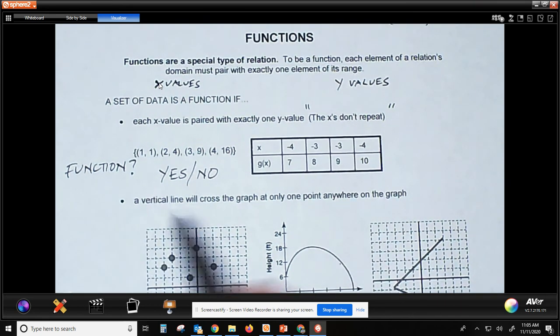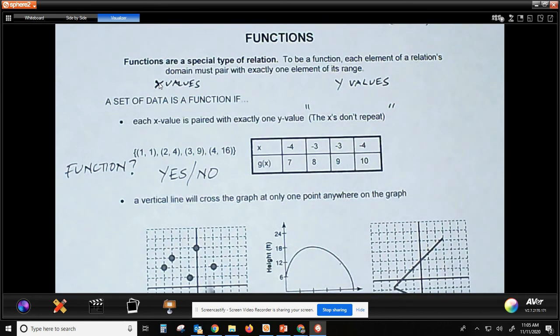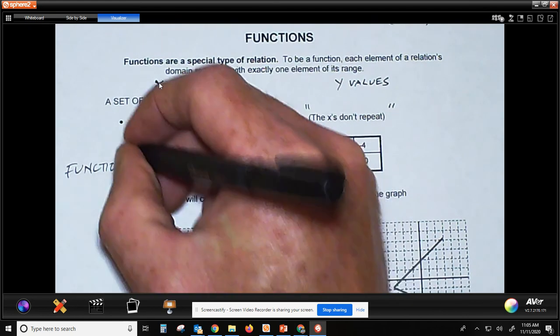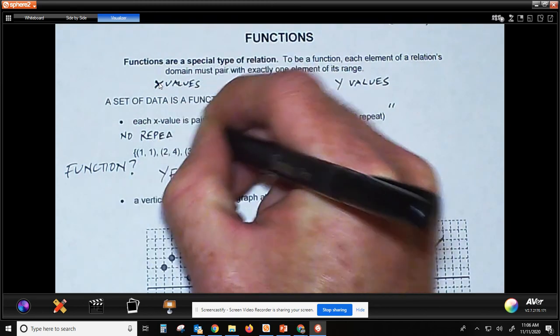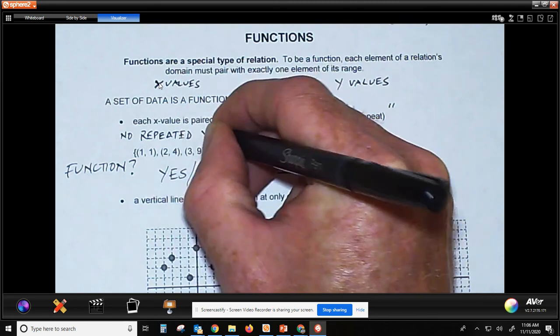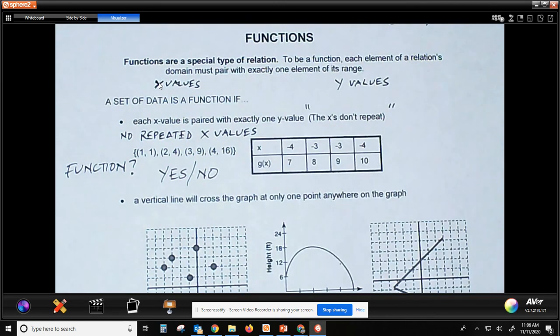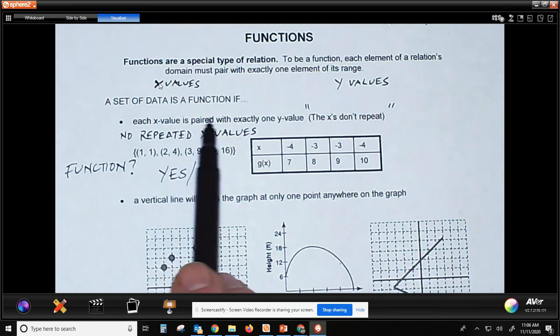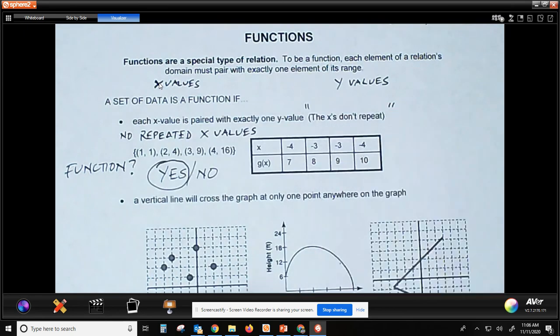There's a problem with a function if the x values repeat that we're going to see in a minute. So I look through this set of data, (1, 1), (2, 4), (3, 9), and (4, 16). I see no repeating x values. So that passes this first test for whether it is a function. Yes, this one is a function.